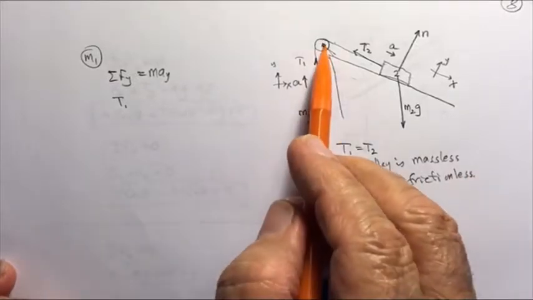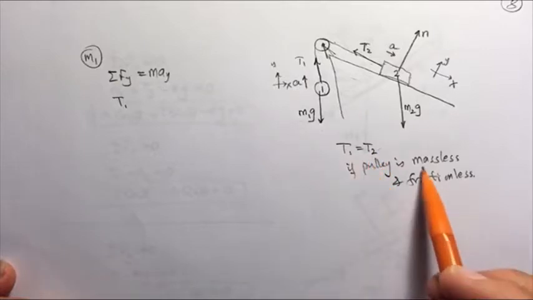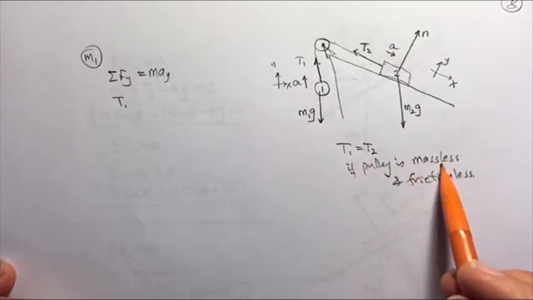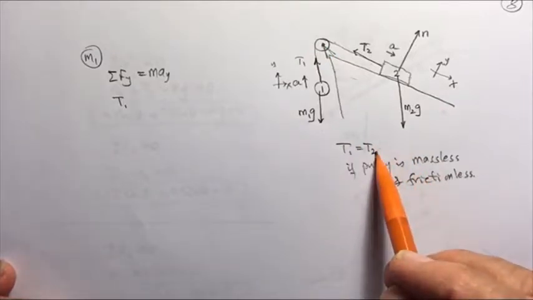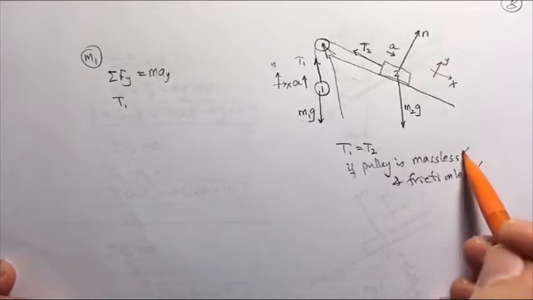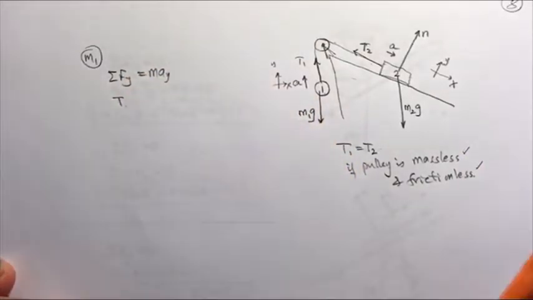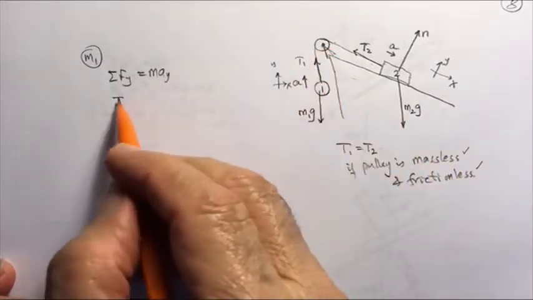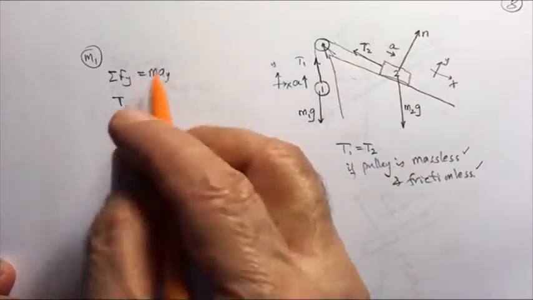If the pulley has no mass and has no friction, then T1 equals T2. If the pulley has a mass, or if there is friction over here, then T1 is not equal to T2. So we will assume the pulley is massless and frictionless. That's a sort of idealization that doesn't exist. But if the pulley's mass is small and the friction is small, we can assume they're almost equal.